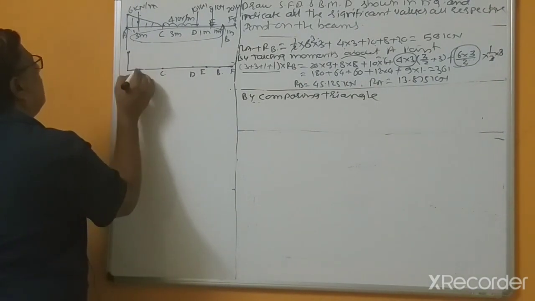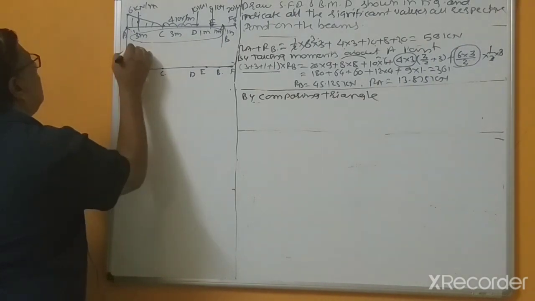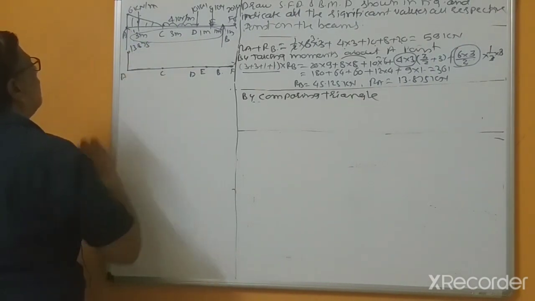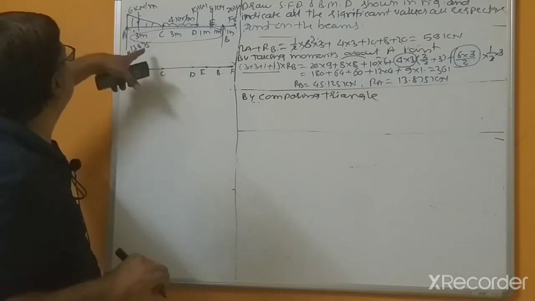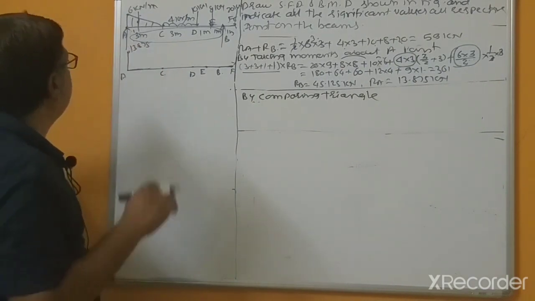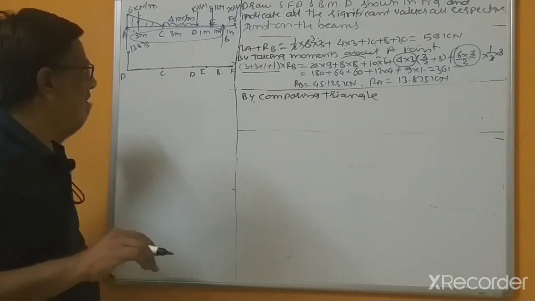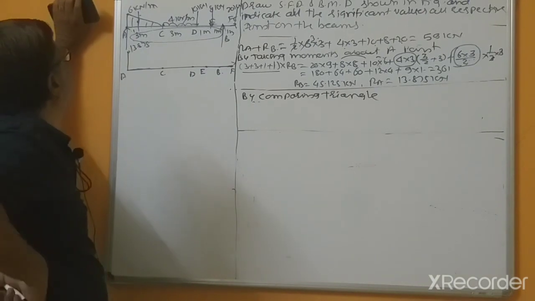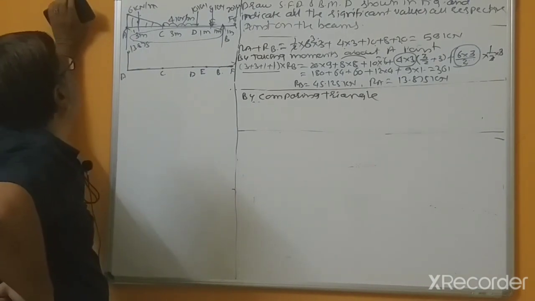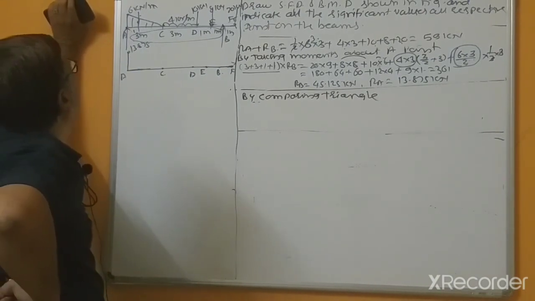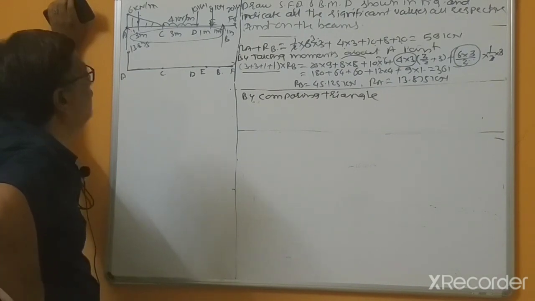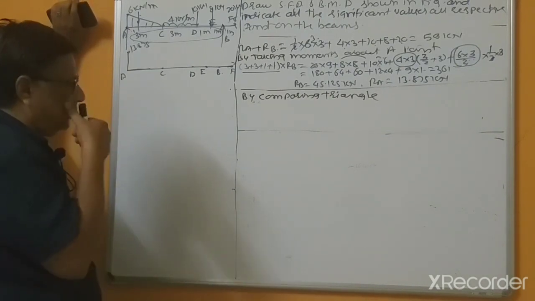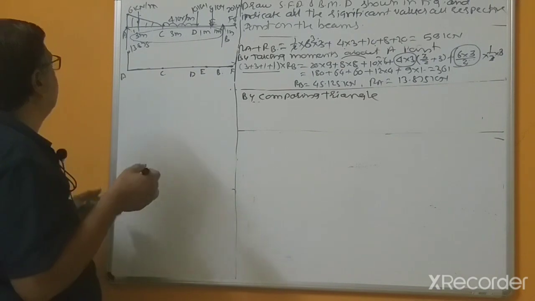Suppose this is A point, 13.875 minus now 6 multiplied by 3 divided by 2, 18, 9 into 1.5, 13.5.